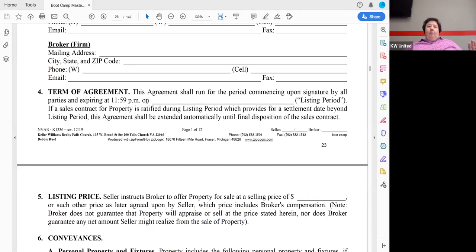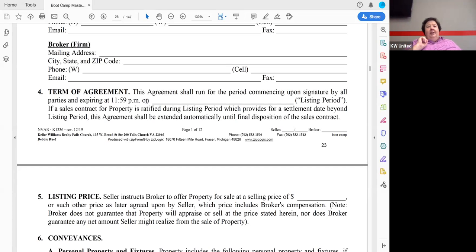And let's say we have a property that's settling on January 5th, for example. Because we got a contract before we expired on December 31st, this contract is valid through the close of that deal. Okay, that's great. It covers me during that period.